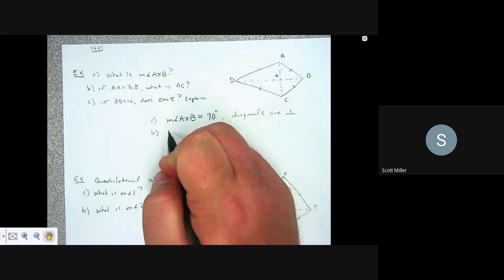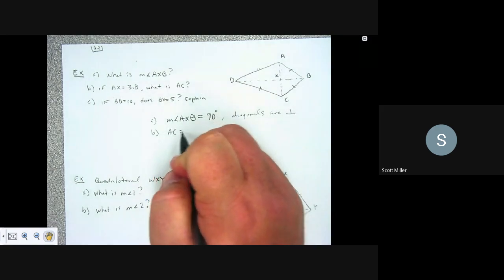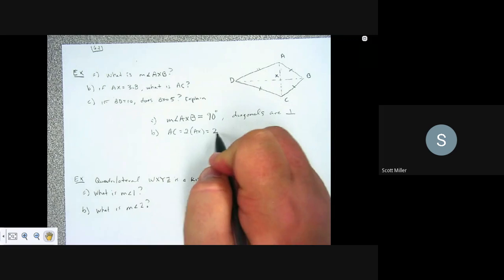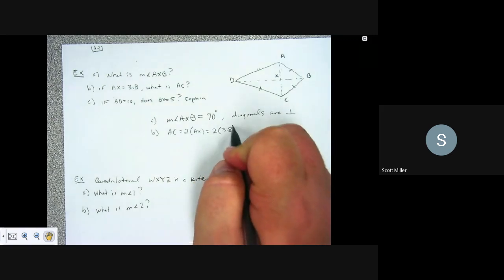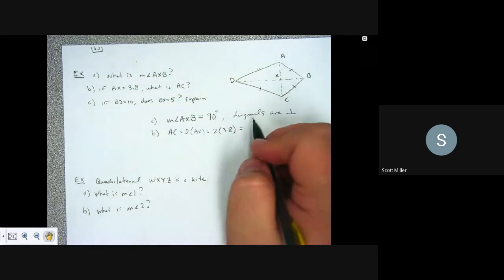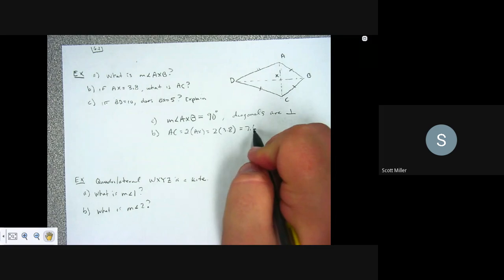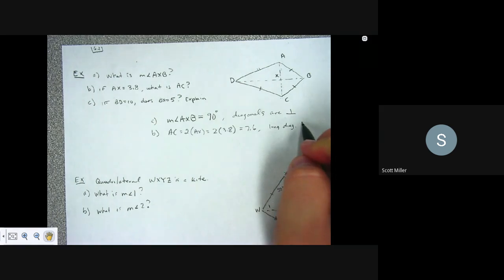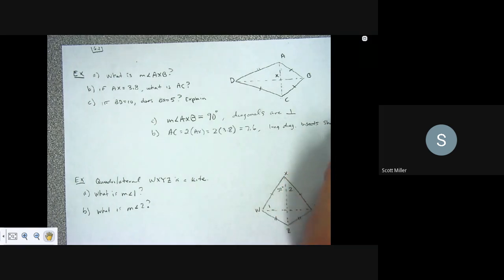So now I can say that AC is 2 times the length AX, which is 2 times 3.8. And then I can get my answer from that at 7.6. Why? The long diagonal bisects the short. The long diagonal bisects the shorter diagonal.